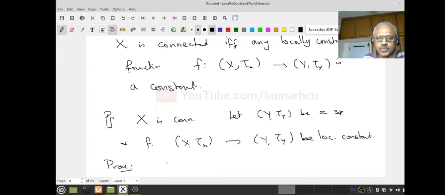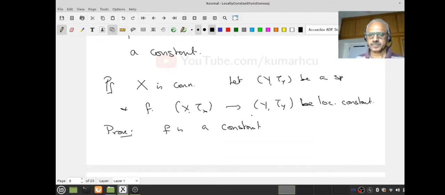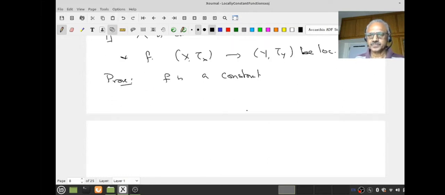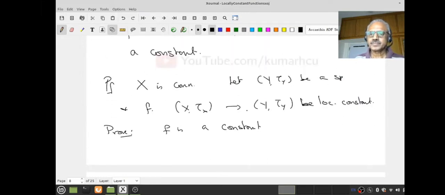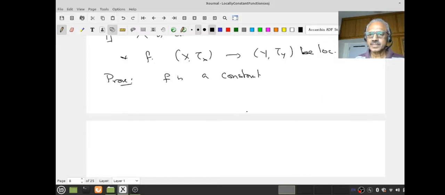We have to prove f is a constant. So how do I prove that? Suppose not. That means f is not a constant.